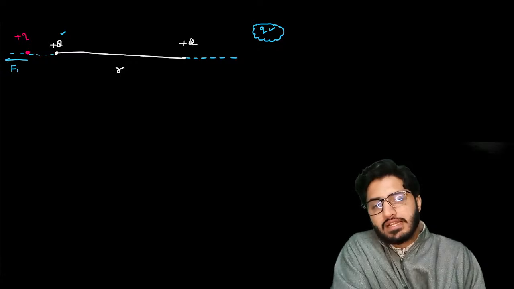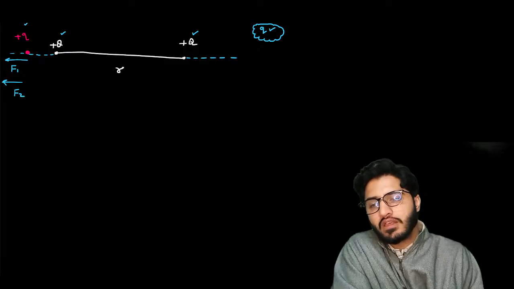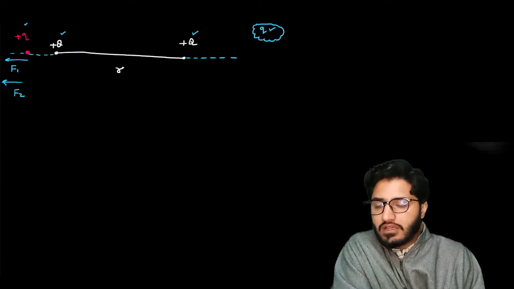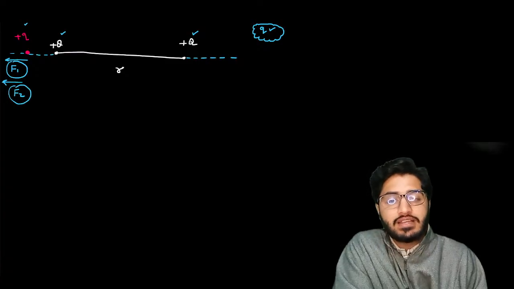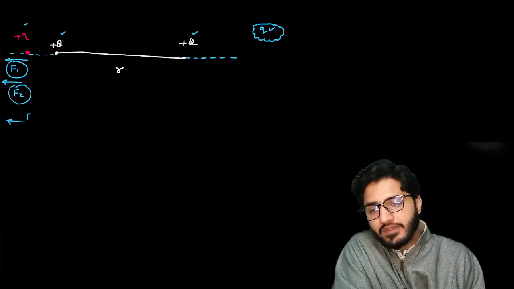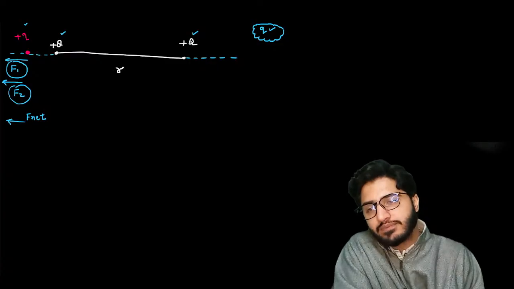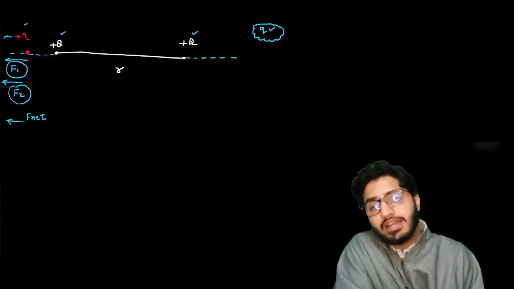This one is also positive, so it will also apply a force in this way, that's F2. Look, F1 and F2 are in the same direction, so there is no chance that they will cancel out. My net force will be like this, so my particle will feel a force in the leftward direction.